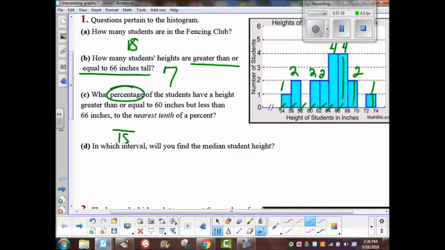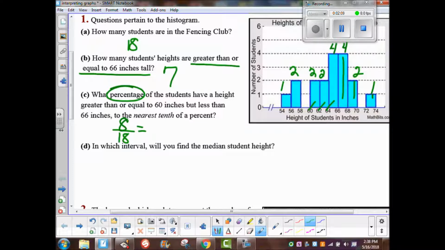We know it's going to be something over 18, and then we're going to have to divide to get that to the nearest 10. Students have a height greater than or equal to 60, but less than 66. So we don't want to include the 66 bar. So we've got 2, 2, and 4. That gives us 8 out of 18.